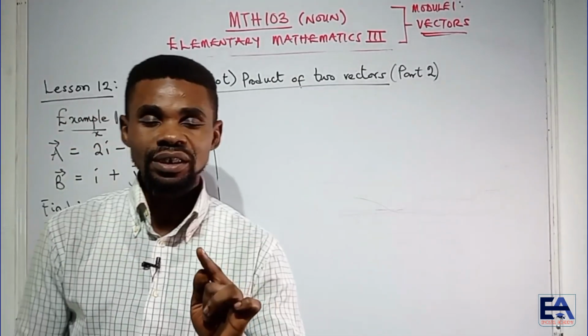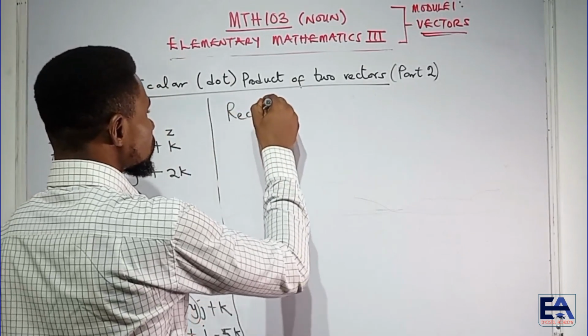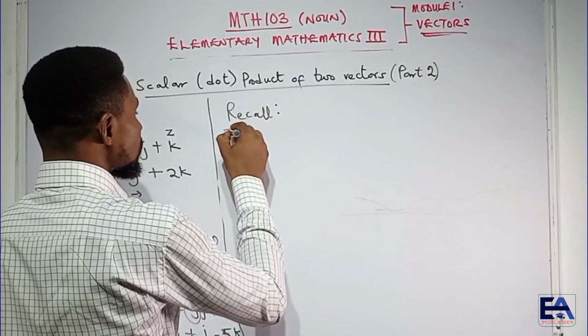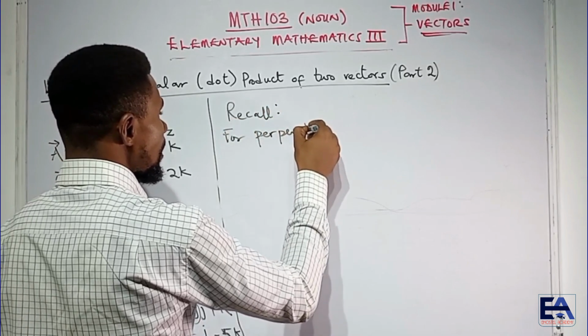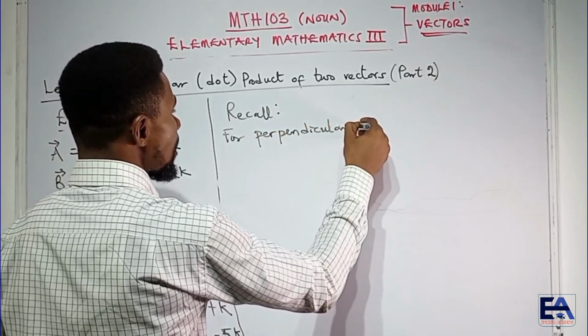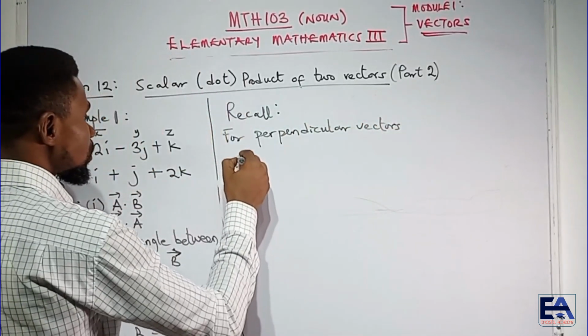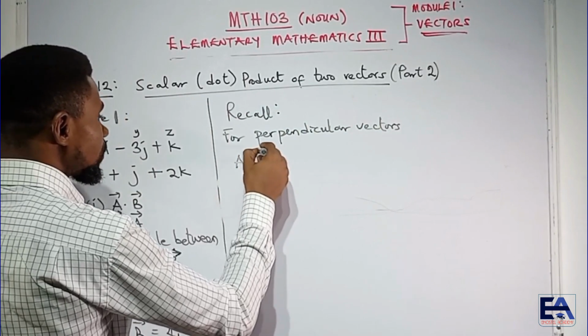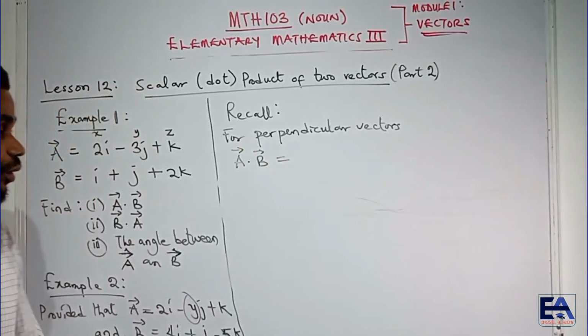Remember what we mentioned about perpendicular. Recall that for perpendicular vectors, A dot B is always equal to what? 0.